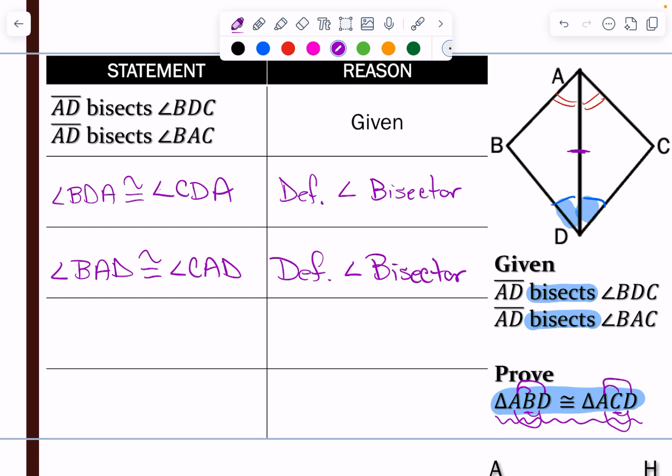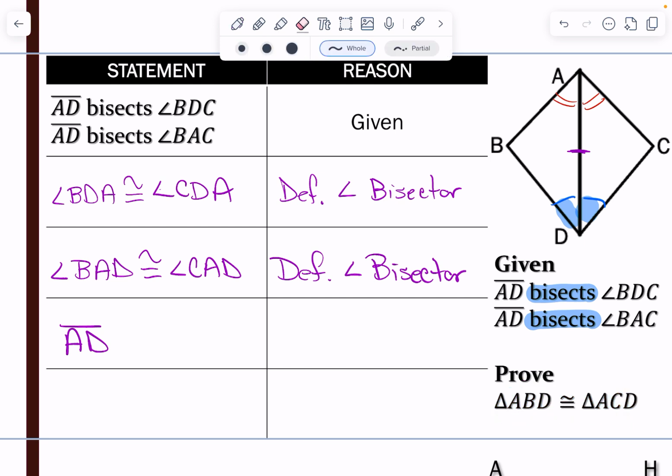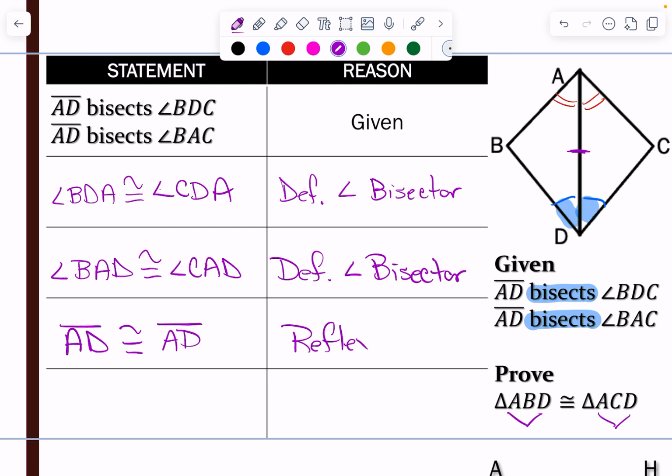Now that I know that, my last piece that I need is segment AD. When I look at my naming, I notice that AD and AD are in the same order, so they would be listed the same. That is the reflexive property.